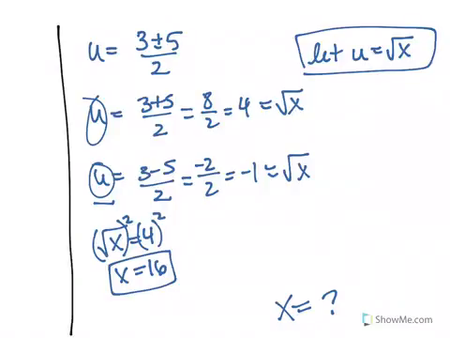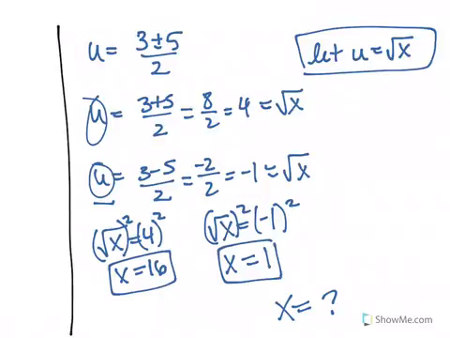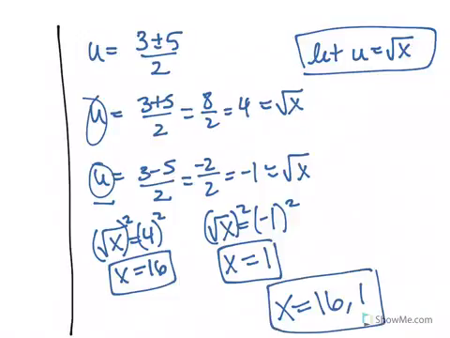We also have the square root of x equaling -1. Square both sides. Again, we get x on the left, and then we get -1 squared, which is 1. So, x equals 16 and 1. That would be our final answer.